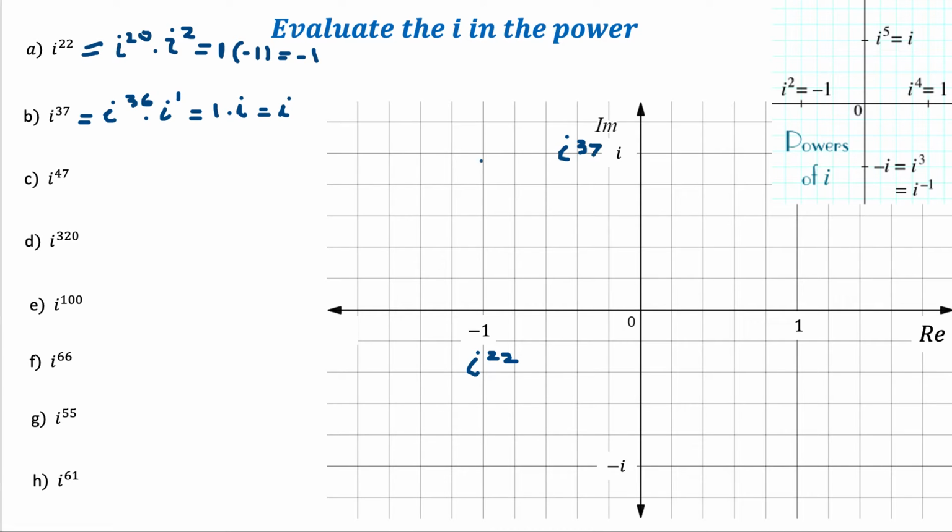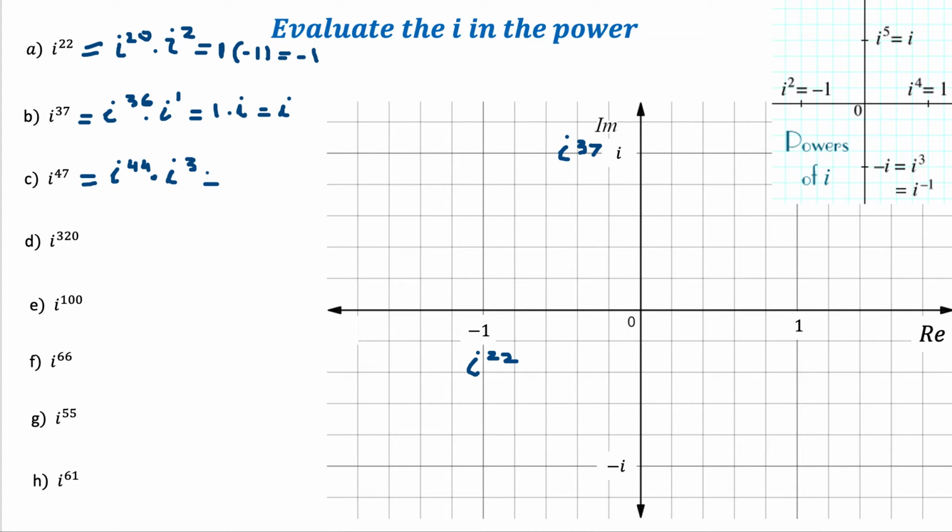And now I'm going to look for i to the 47. 47 is not divisible by 4. 46 is not divisible, 45 is not, but 44 I know for sure is divisible by 4. Because it's divisible by 4, i to the exponent 44 is going to be equal to 1, times i to the exponent 3, because 44 plus 3 is 47.